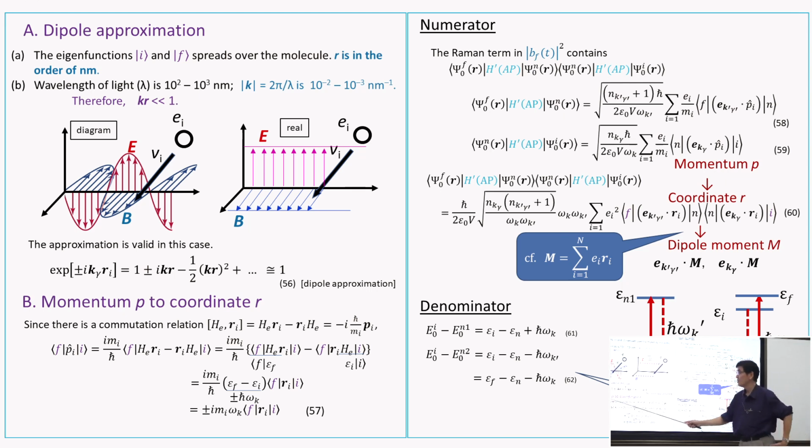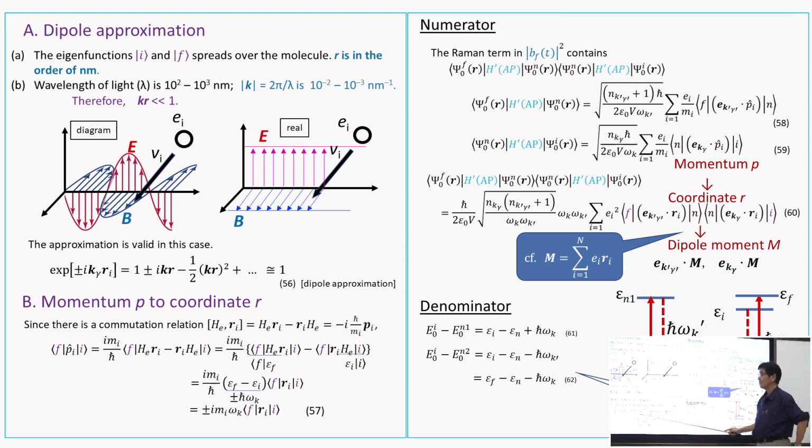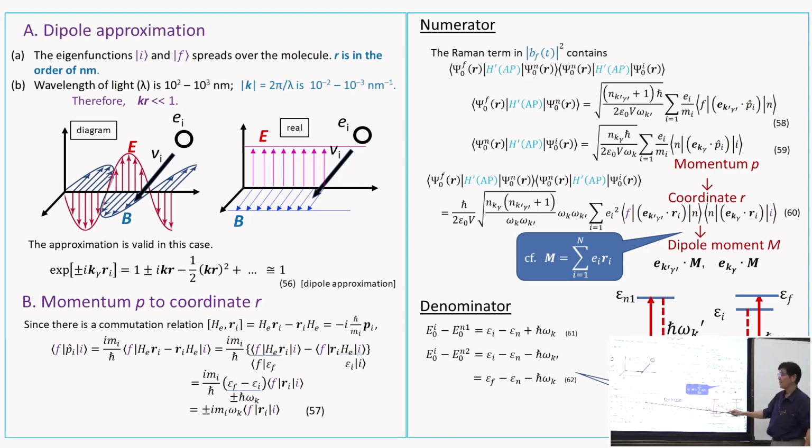One more point is that we can convert a momentum operator to a coordinate. Okay, so generally, the textbook of quantum mechanics tells us that there is a commutation relation between the Hamiltonian and the R coordinate. That is minus i h bar over m times p_i. Okay.